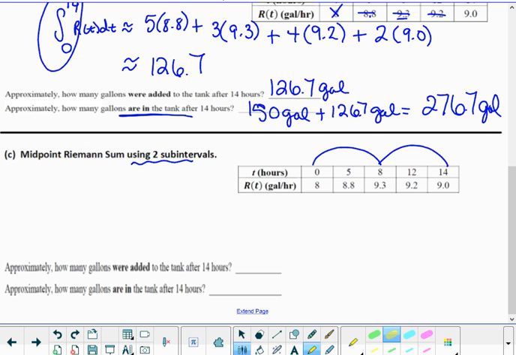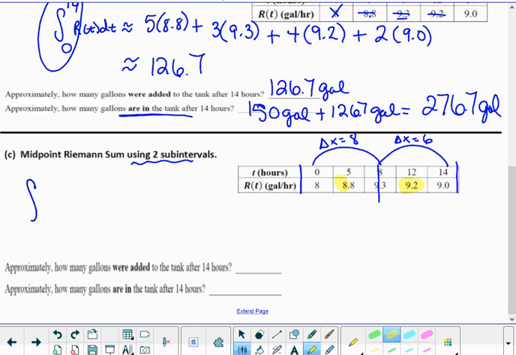What you'll notice is that there is clearly a value then that sits in the middle of those 2 subintervals, if you imagine that. So I have a delta x here of 8, correct? And then 14 minus 8, I have a delta x of 6 on that side.